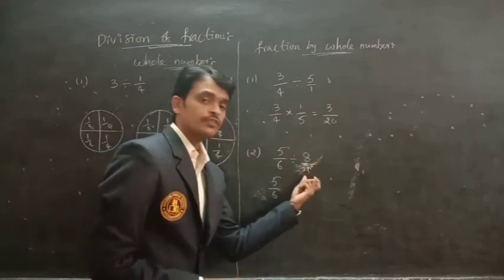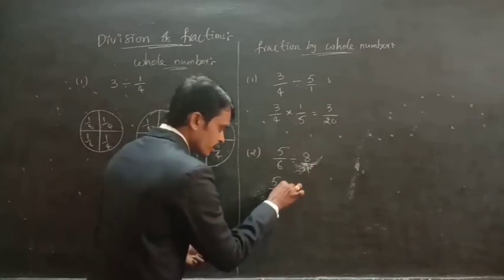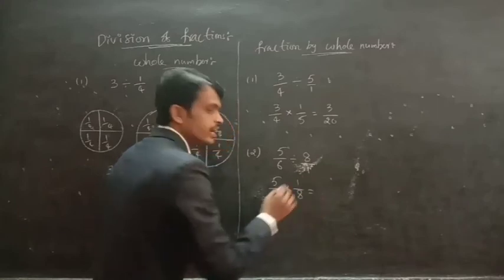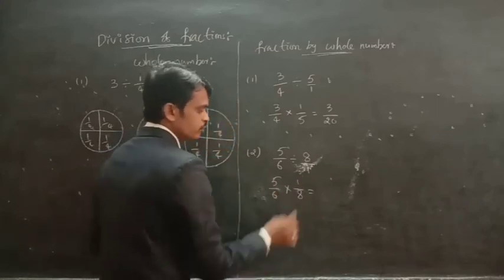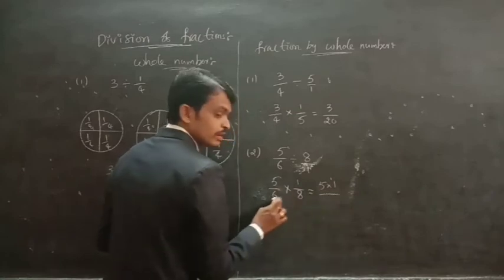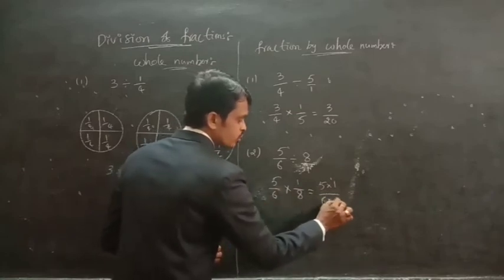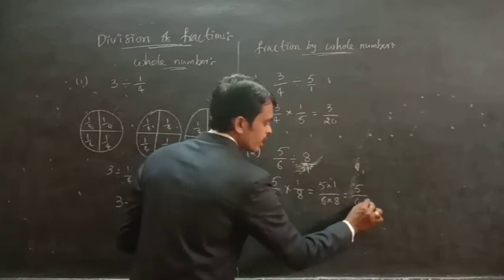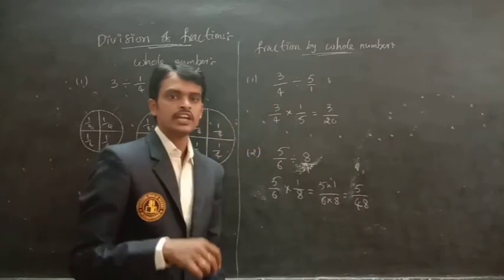The reciprocal of 8 by 1 is 1 by 8. Let us multiply the numerators: 5 ones are 5. Let us multiply the denominators: 6 eights are 48.